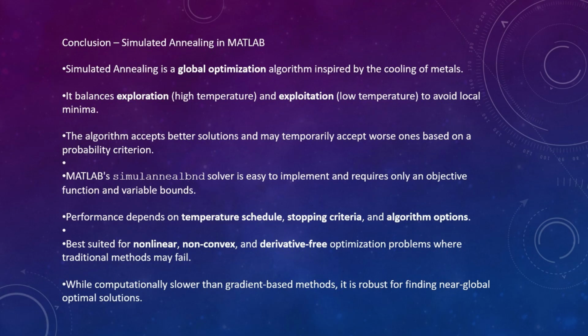In summary, about simulated annealing in MATLAB, we can say SA is a global optimization algorithm inspired by the cooling of metals. It balances exploration at high temperature and exploitation at low temperature to avoid local minima. The algorithm accepts better solutions and may temporarily accept worse ones based on a probability criterion.